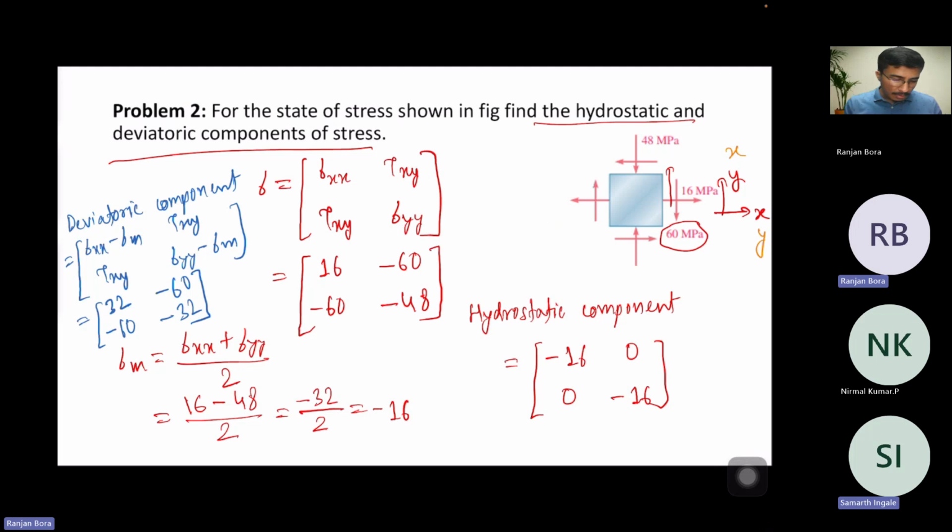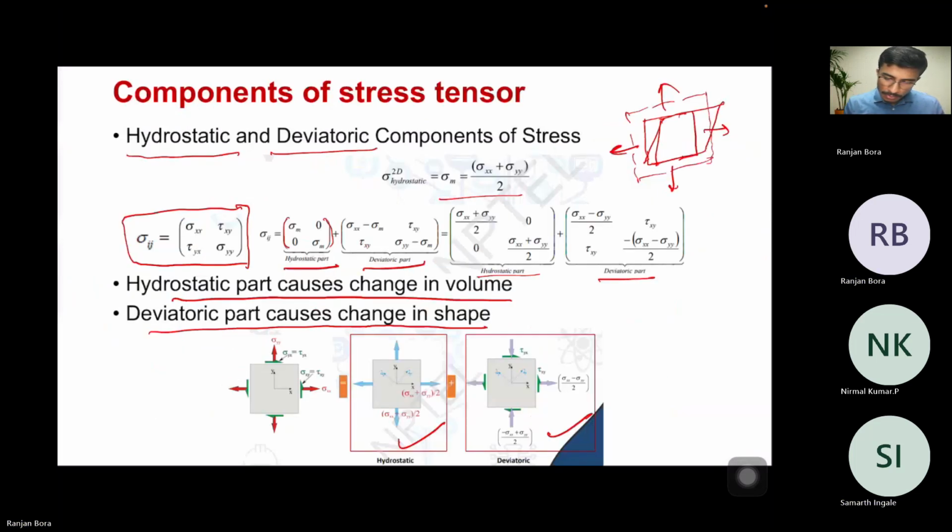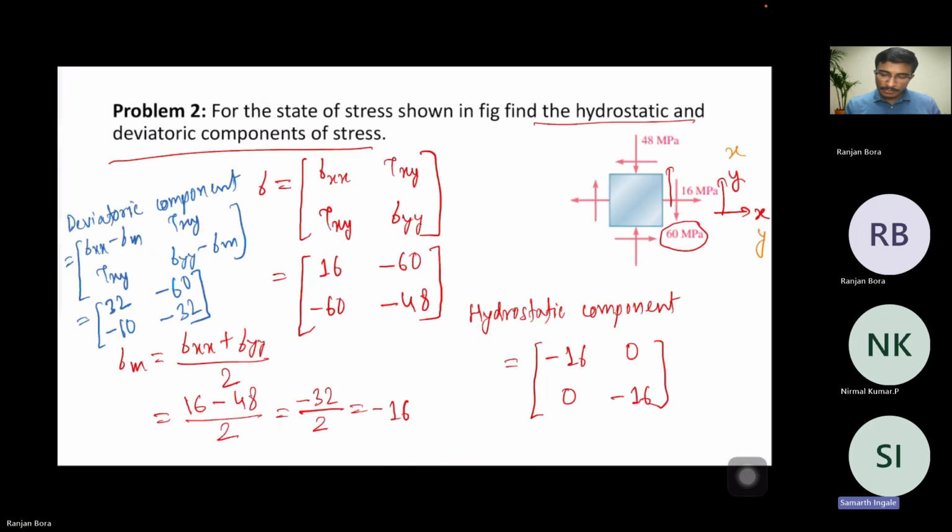No, you don't need to solve. Here the hydrostatic part is defined as a matrix, and the deviatory part is defined as a matrix. It has 4 components.